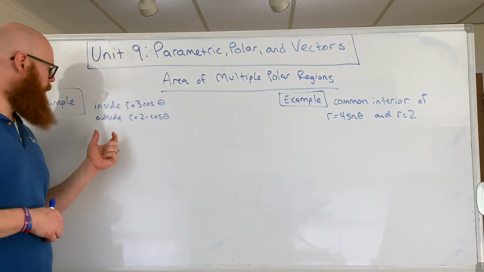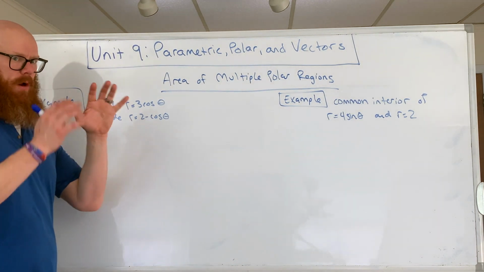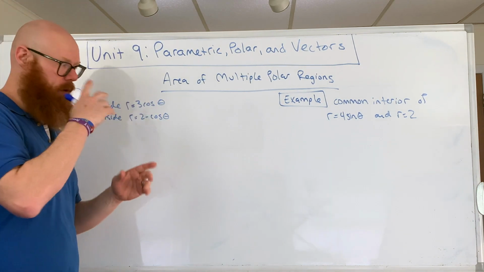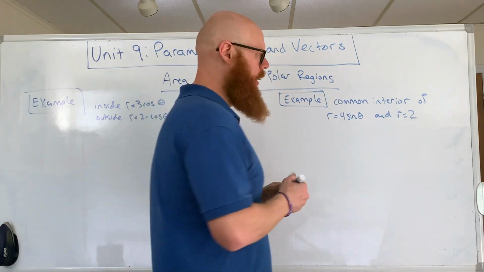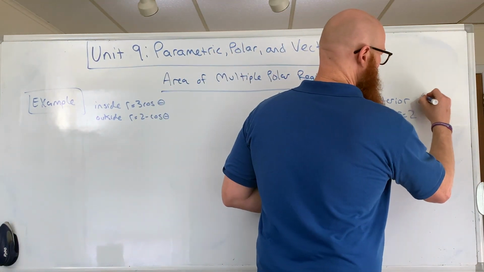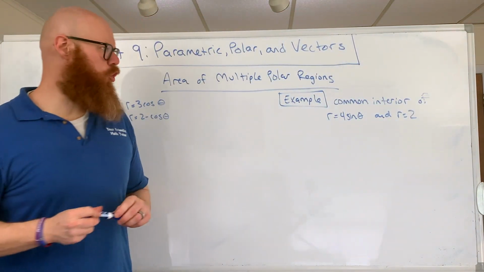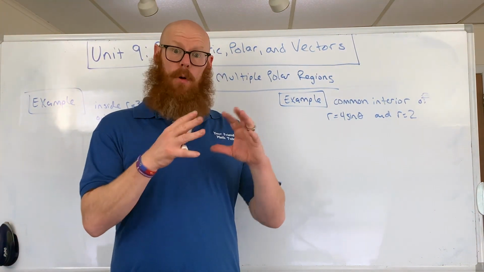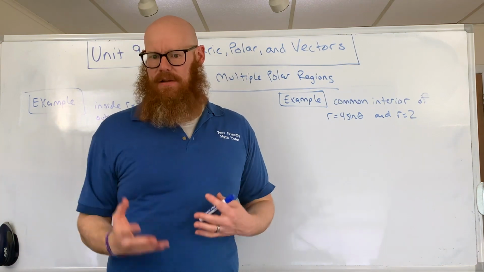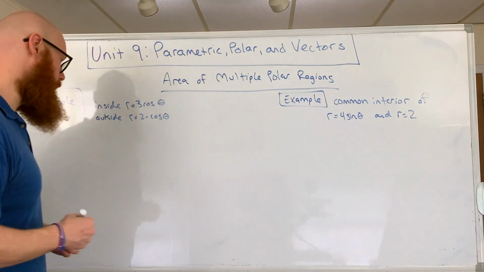You're going to see some where it's inside one polar curve but outside the other. And then you're going to see some where you have two intersecting polar curves, but they want the interior of both. They're done in a slightly different way. So that's what I want to go over.